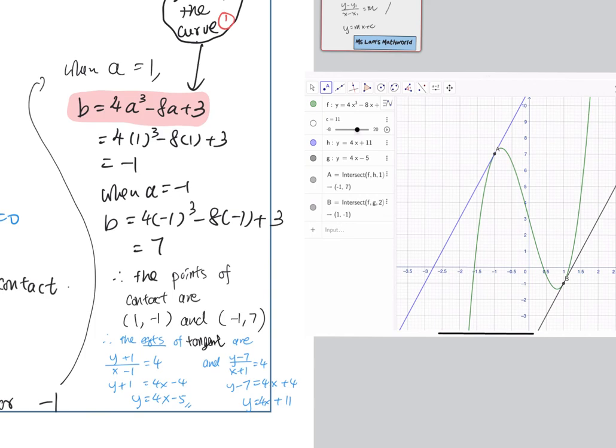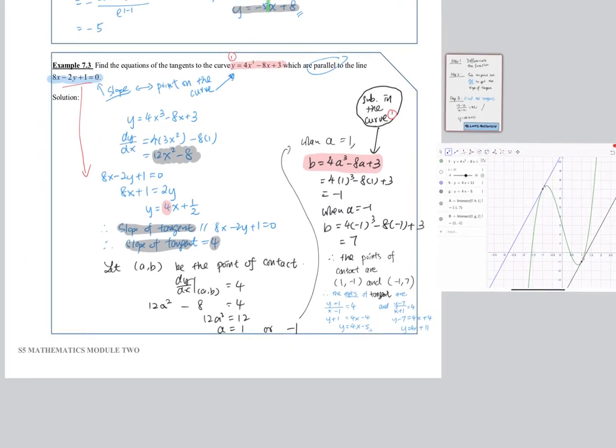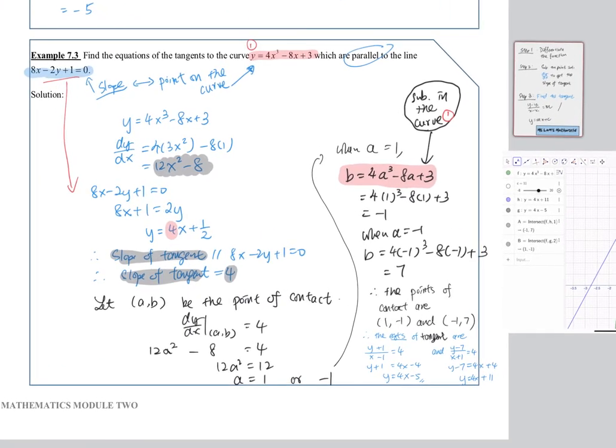Right? So this question is difficult for some of you as the point of contact is not given. Then you have to use the concept of parallel lines to help yourself get the point of contact and then find the equation yourself.